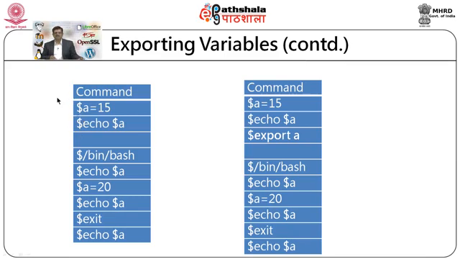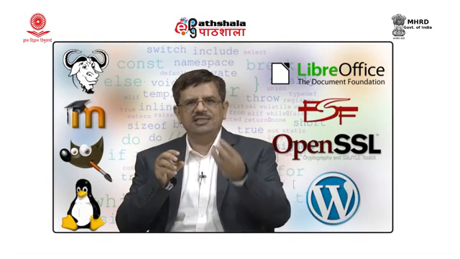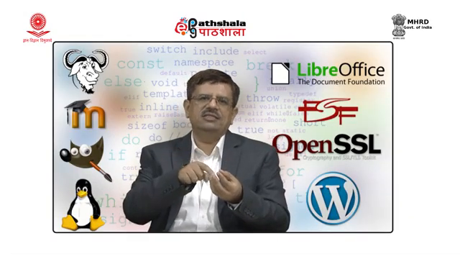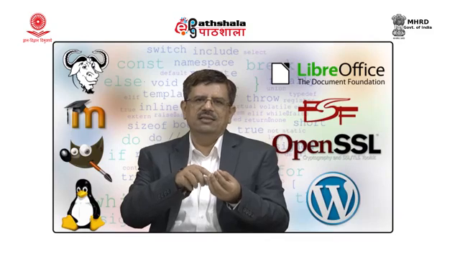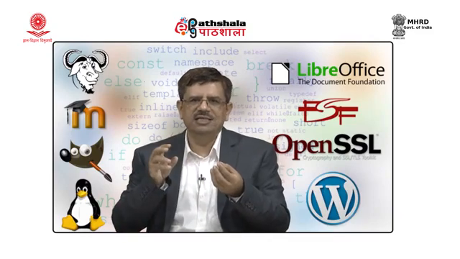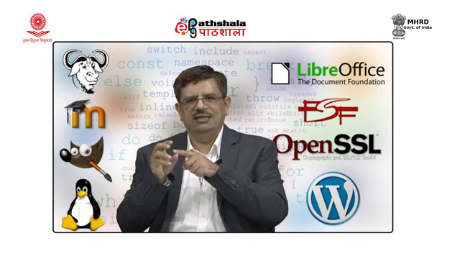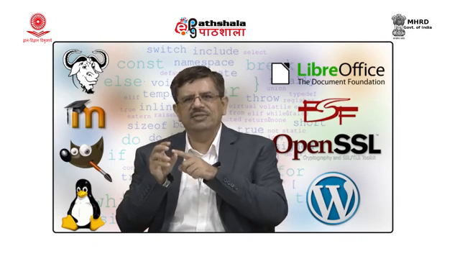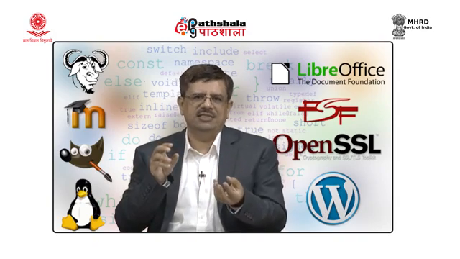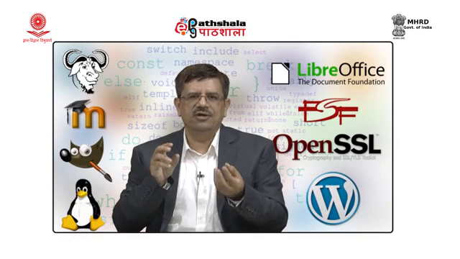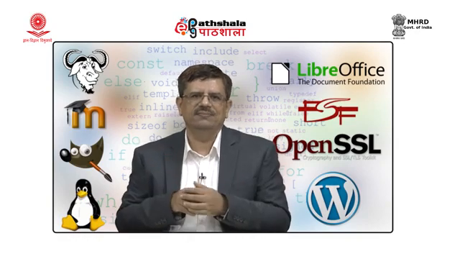This is the default shell and this is another shell that we have invoked. So, there are two shells, one is the default in which a has 15, we are creating another shell in which a has 20 value. Now, what we want is the value of first shell, what we call parent shell, must be visible to the child shell. If we do not use export, it is not possible.